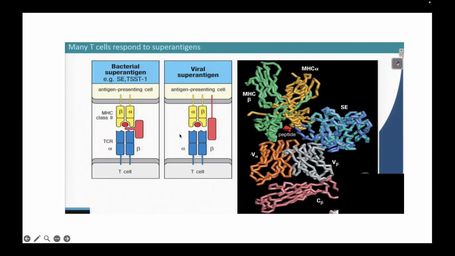Similarly, this one is also not presented in the conventional manner, but these are called super antigens, and they can initiate the T cell response. These super antigens are utilized in laboratory processes where you want to enhance the T cell response, and there you put the super antigen along with your own antigen, which will enhance the T cell response and activate the T cells.